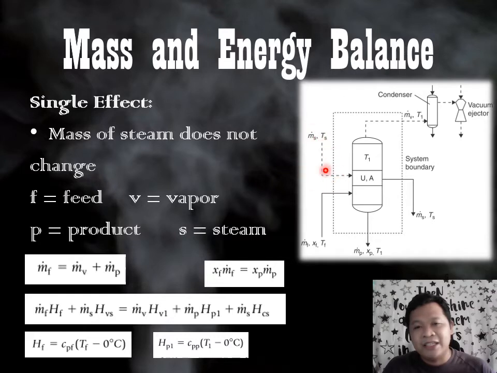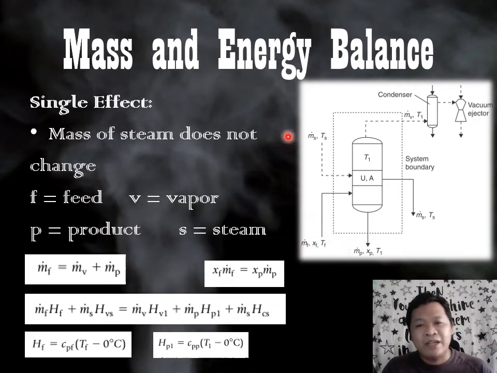Okay, for the energy balance, so simple lang naman, yung energy na binigay ng steam as it condenses from its steam form into its condensate form is equal to the energy that is absorbed by your water vapor and your product, less the energy in your feed.